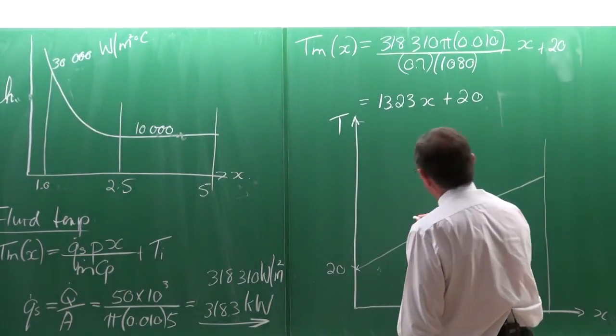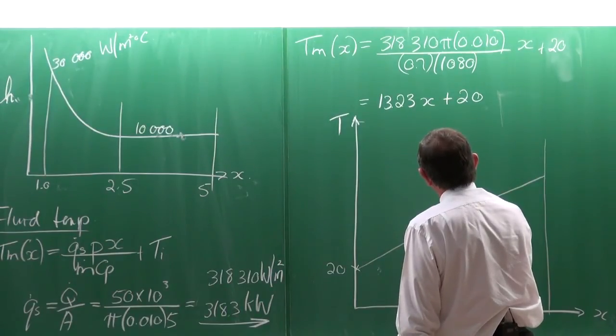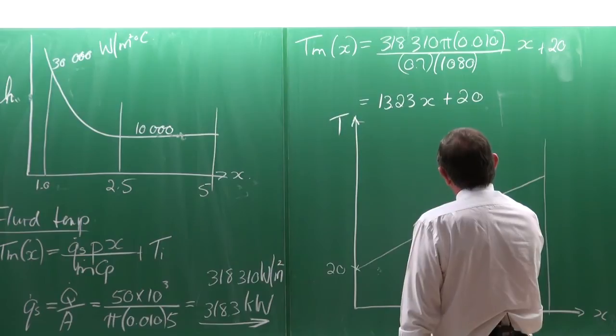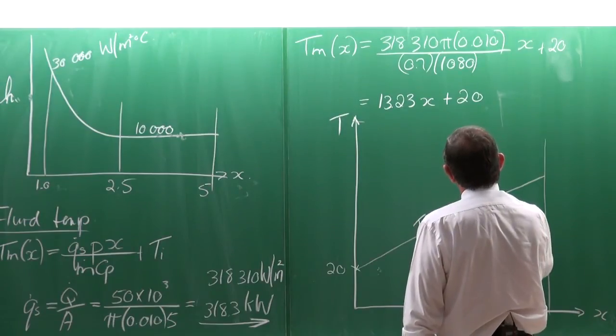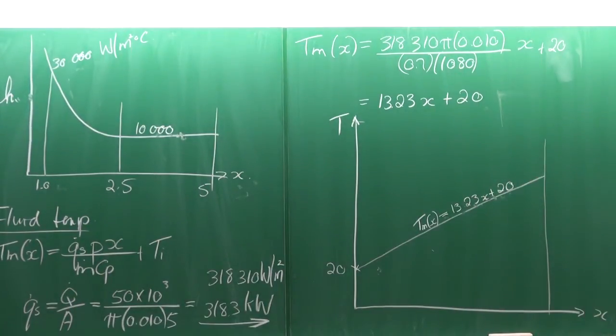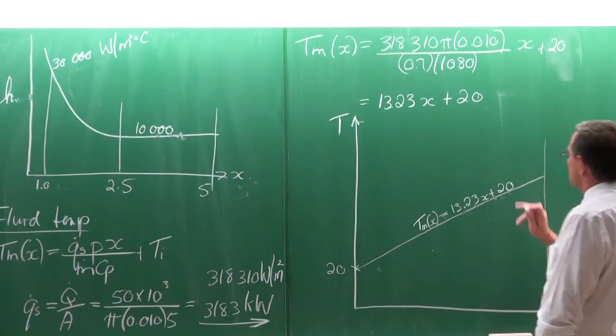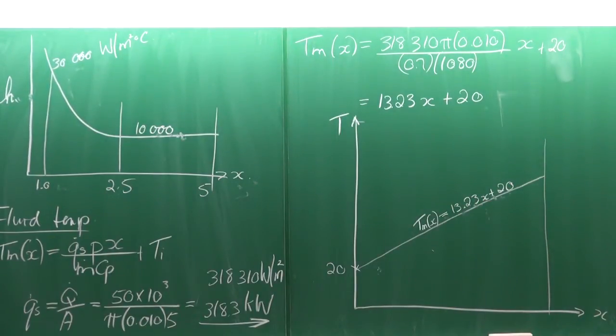That is the straight line, and it gives us the mean fluid temperature as a function of x equal to 13.23x plus 20, mx plus c. M, the gradient, is 13.23, and c is equal to 20.